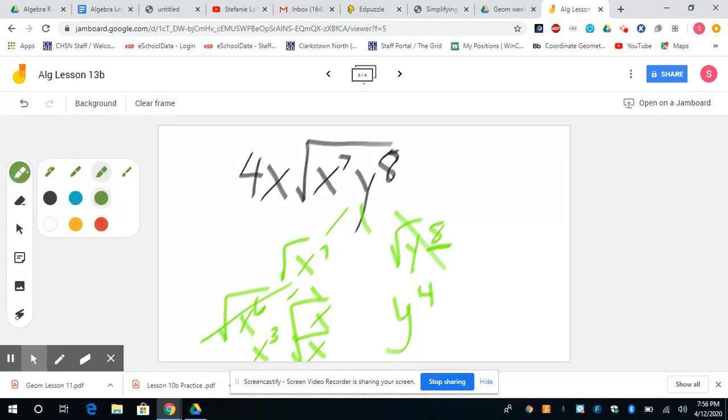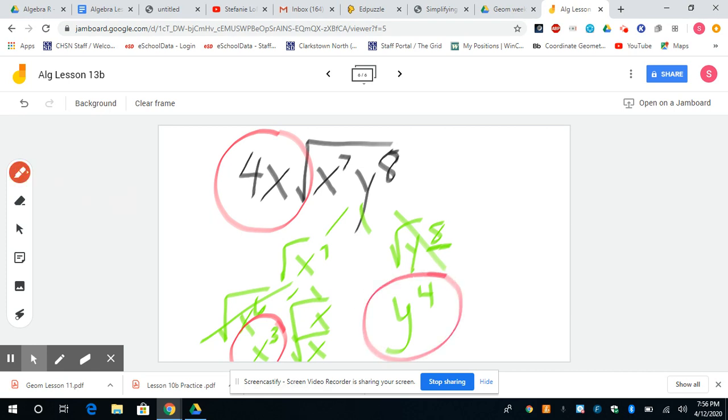So all together, we have this term to multiply, and we have this term, which are both not under a radical. And then we have these two, and this one, sorry. And the y to the 4th is not under a radical. And then we just have this one that is under a radical. So let's combine all the reds. They go in front, right? They don't have a radical sign.